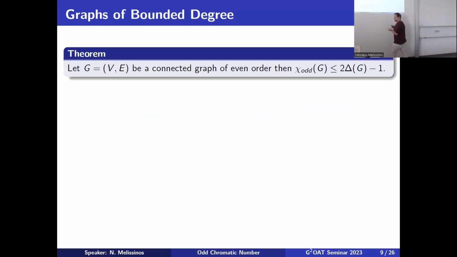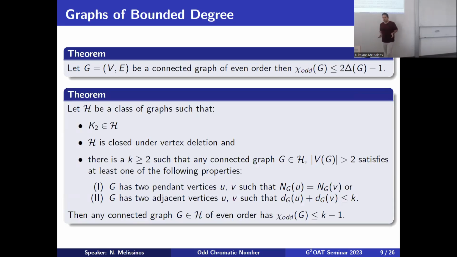And what we managed to show is that, okay, we don't know if the maximum degree plus 1 is enough, but we managed to show that 2 times the maximum degree minus 1 is enough. And to do so, we proved something much more complicated, or that's how it seems.